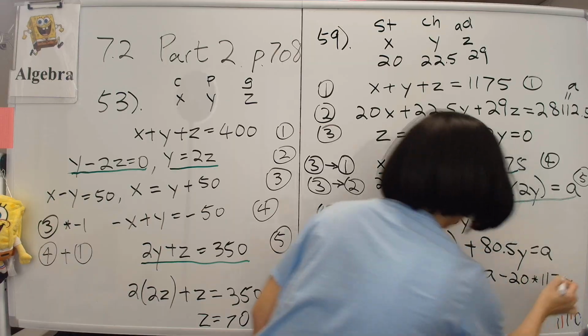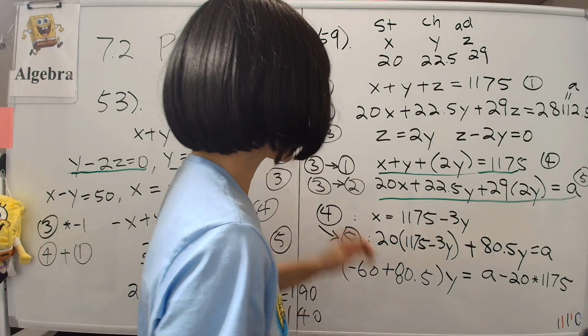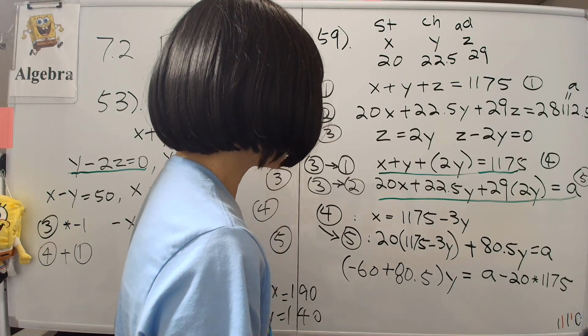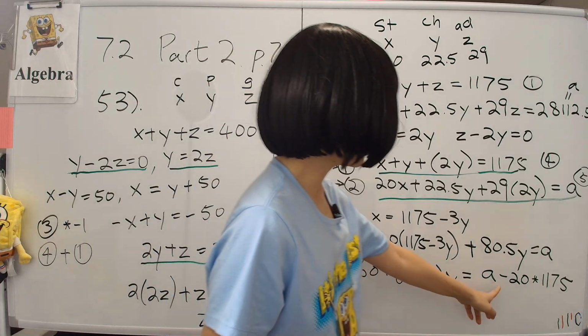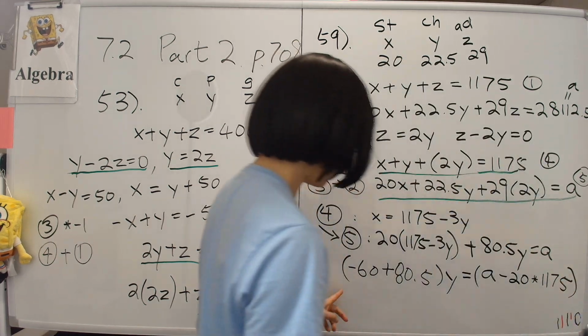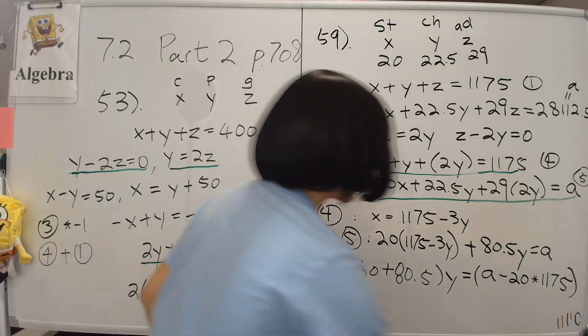All right, that looks okay. So now y equals this value, all of it in parentheses, divided by this value right here, and we'll punch that out on the calculator.